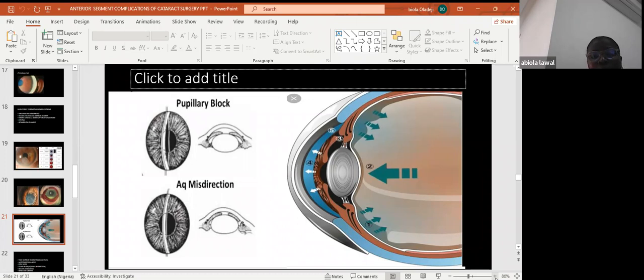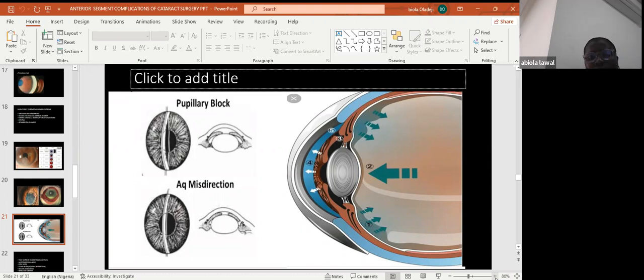It's almost criminal to put an ACIOL without putting a peripheral iridectomy. If this is blocked, that can also result in a pupillary block. So a YAG laser to open up the PI, or to create an iridotomy, can help to release the block and resolve this.